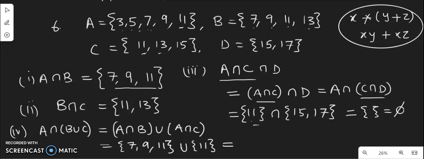I have to write all the elements of this particular portion, 7, 9, 11, and of the other portion, 11, which are non-repetitive. So the union is going to be 7, 9, and 11. So this is the answer. This is also called the distributive law. And thank you very much. Let's meet in the next video.